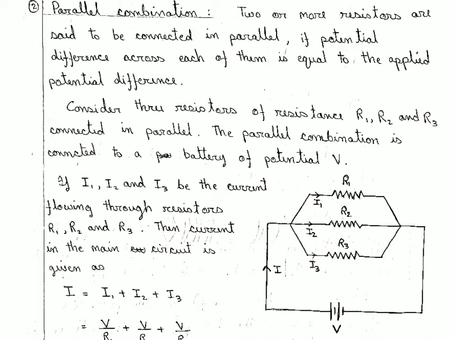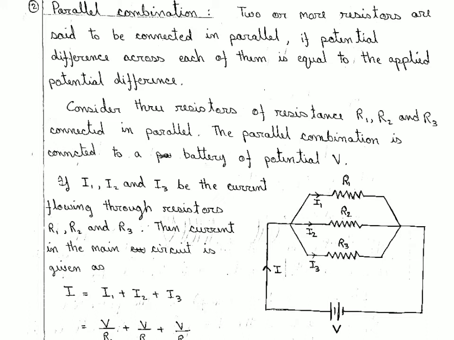So in the diagram, we have three resistors of resistance R1, R2, and R3, and you can see here that they are connected in parallel, which means that the potential difference across the ends of these resistors is V, and the current through resistor R1 is I1, resistor R2 is I2, and resistor R3 is I3. So here the current flowing through each of the resistances is different, but the potential is the same.